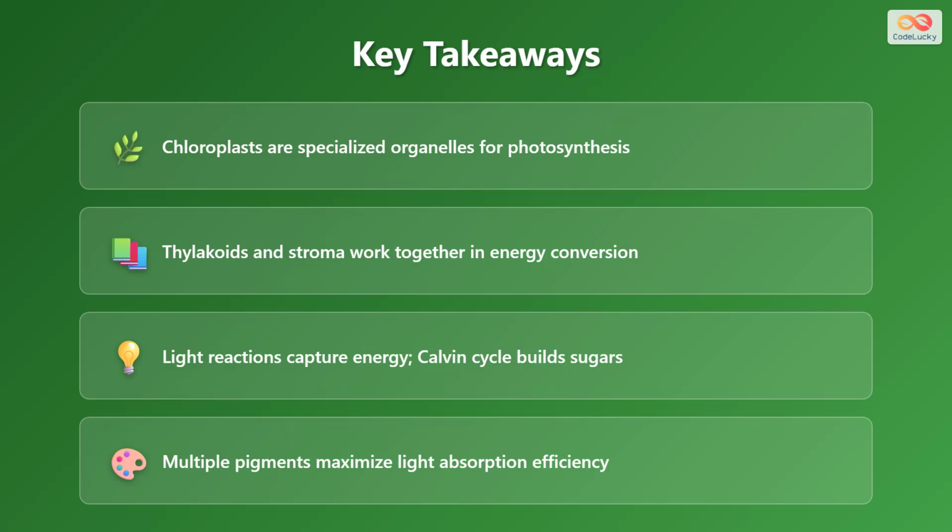Third, photosynthesis involves two main processes: light reactions that capture energy, and the Calvin cycle that builds sugar molecules from carbon dioxide. Finally, chloroplasts contain multiple pigments including chlorophylls, carotenoids, and xanthophylls, which work together to maximize the efficiency of light absorption across different wavelengths. Understanding chloroplasts helps us appreciate how plants sustain life on Earth.